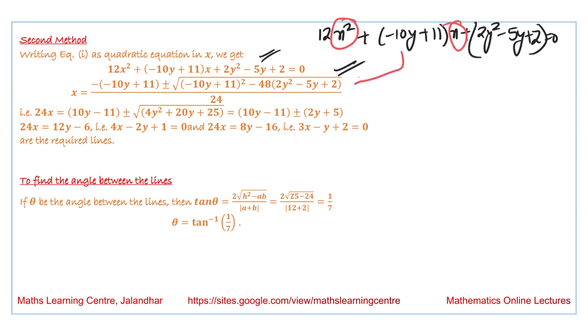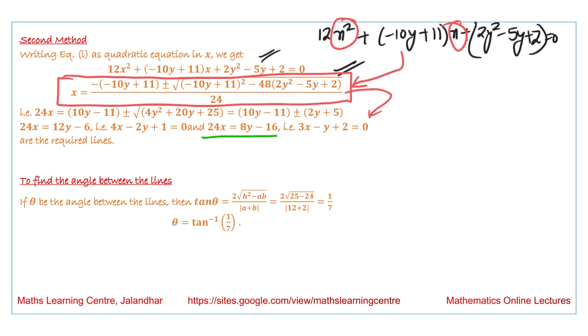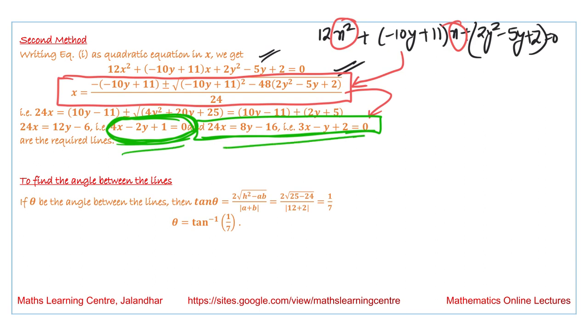If you calculate the roots of this equation, you will get the value of x in this form. And on solving these two values, we will obtain the two equations. One is 3x minus y plus 2 is equal to 0, and second is 4x minus 2y plus 1 is equal to 0. So these are the two equations that we have. It is up to you how you want to calculate these equations.